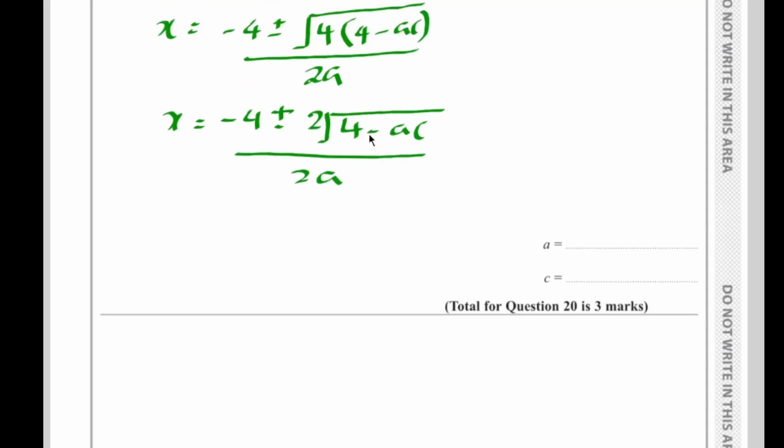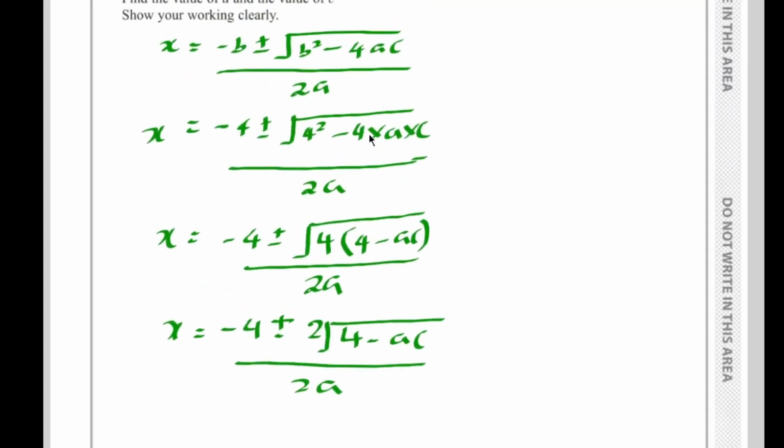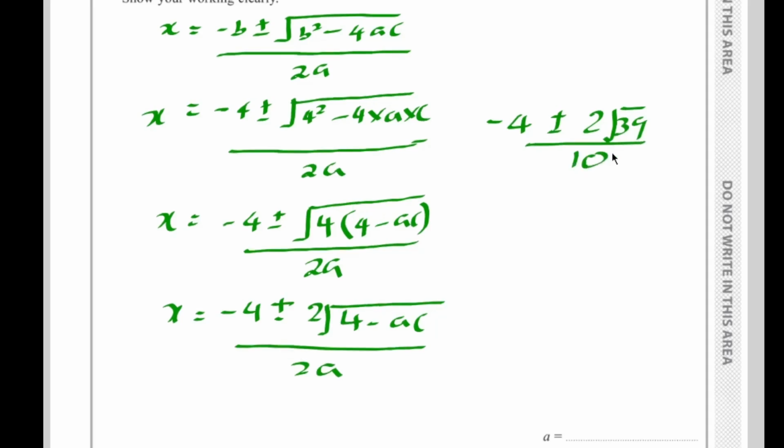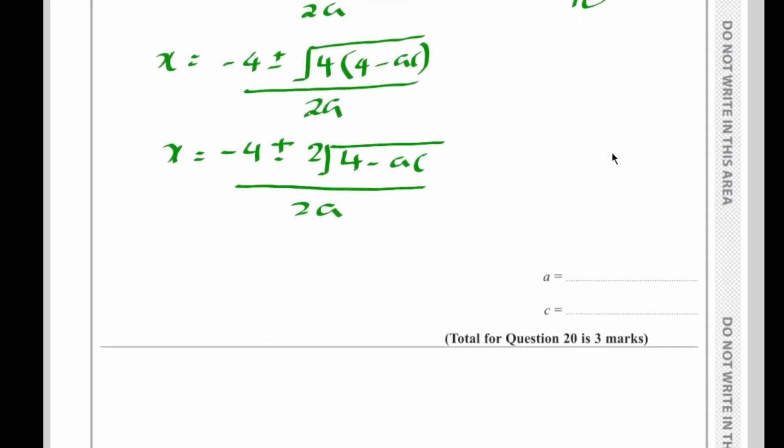Then let's follow that format that we've been given, which is minus 4 plus or minus 2 root 39 over 10. So we need to follow this one. Now I'm going to compare this one and this one.